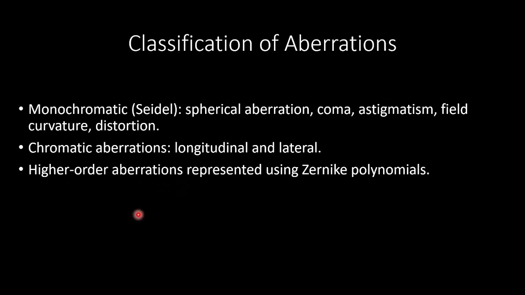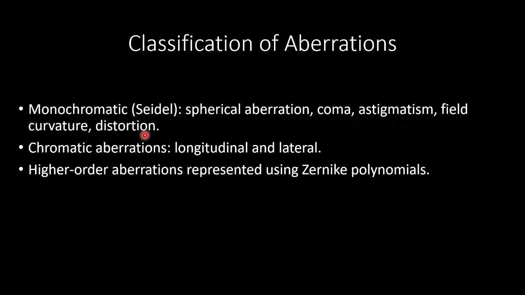Now, if we want to classify aberrations, they can be broadly classified into 2 categories. One is monochromatic aberration, also called Seidel aberration. This occurs even when a single wavelength of light is used. The major monochromatic aberrations are spherical aberration, coma, astigmatism, field curvature, and distortion.